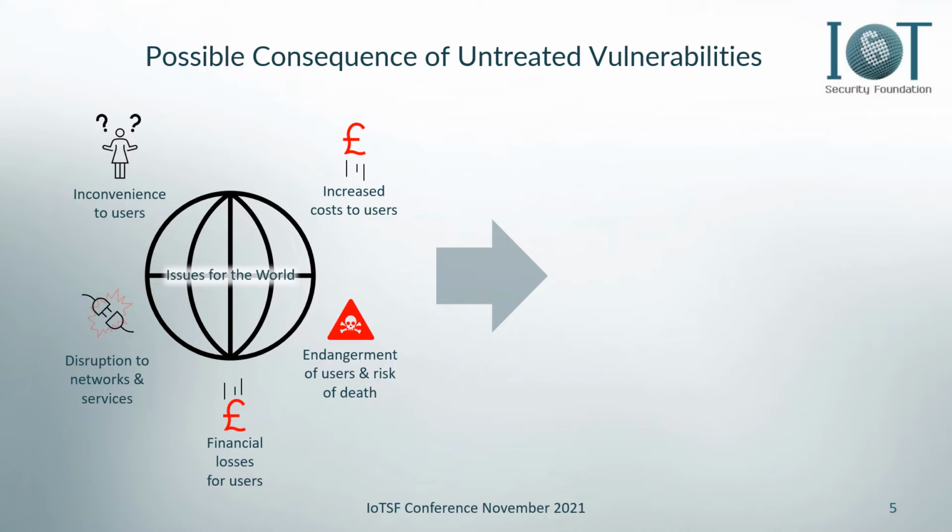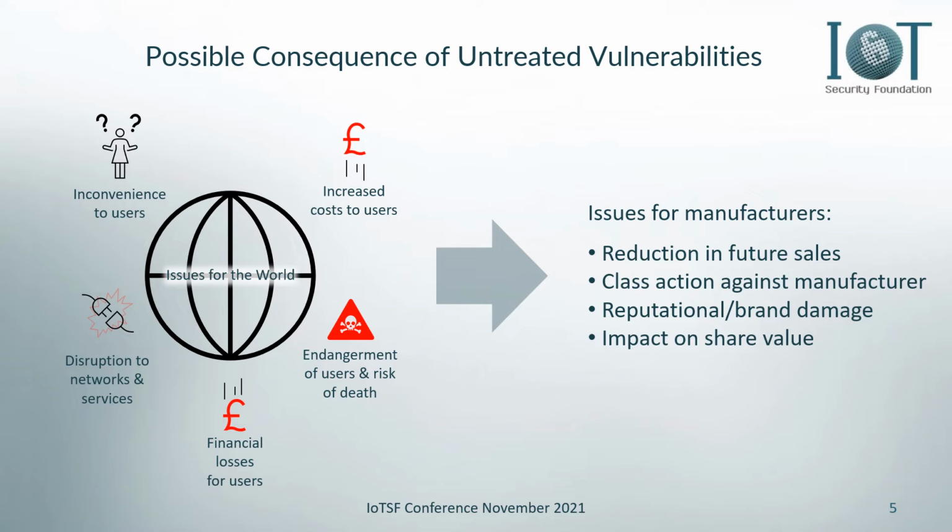Or financial losses to the user, perhaps the freezer is too warm and produce is wasted. Endangerment and risk of death. Perhaps a medical device takes inappropriate actions or traffic control signals cause vehicle collisions. And of course, disruption to local networks or the internet with botnets, denial of service attacks, etc. These are all some such examples.